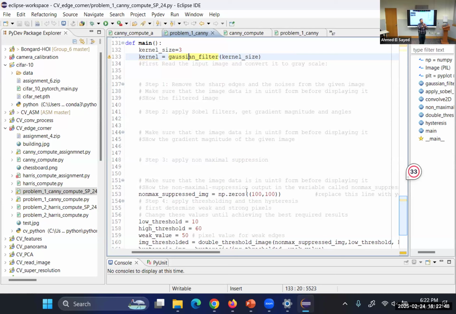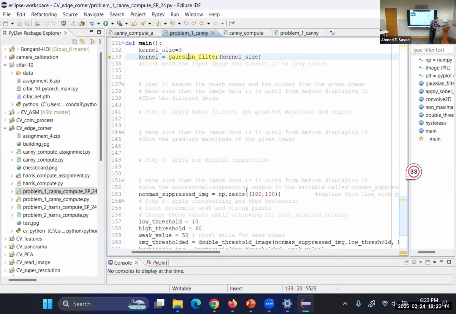If the value of the magnitude is bigger than the higher threshold, this means that this point is an edge, no matter what. It's a strong edge. If the value is between the higher threshold and the lower threshold, it's a weak edge. If the value is smaller than the lower threshold, then it's not an edge at all. Right?